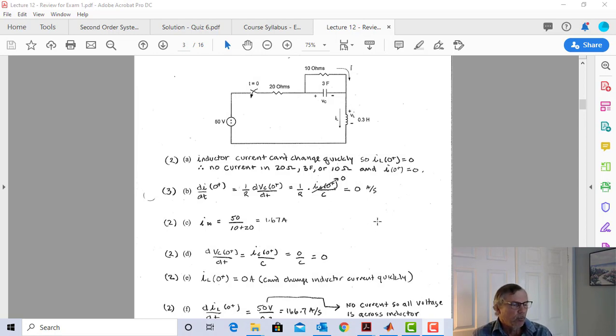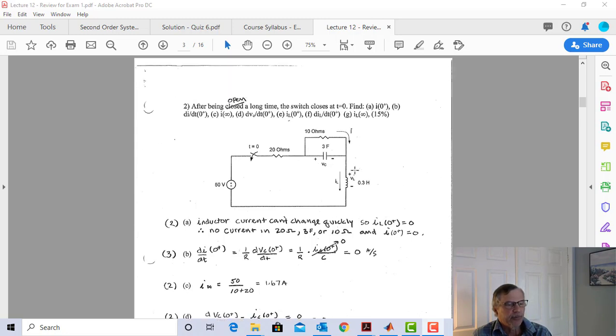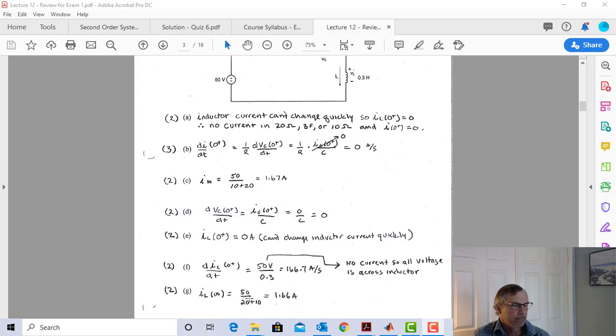All right, so we want di dt for the inductor. And we know that V equals L di dt for the inductor. So to get di dt, we really want to get V over L. So di dt for the inductor is going to be the inductor voltage divided by the inductor value.